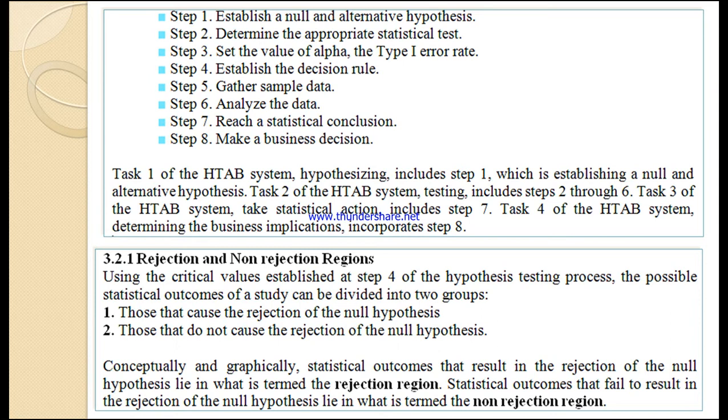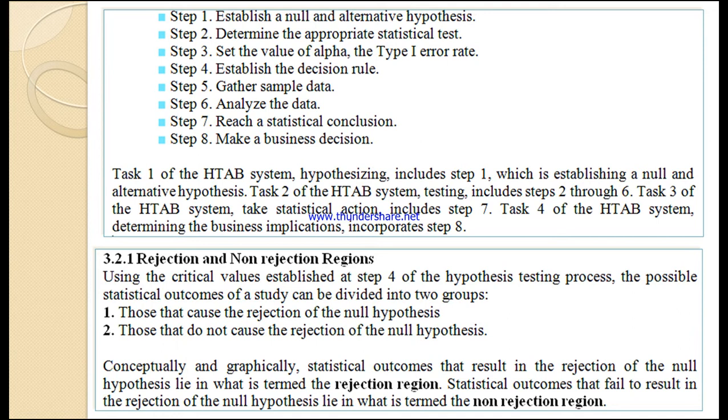Then we gather sample data, and at step number 6 the data will be analyzed, and the next step is reaching a statistical conclusion, and the final step in the 8-step approach of hypothesis testing is making a business decision.